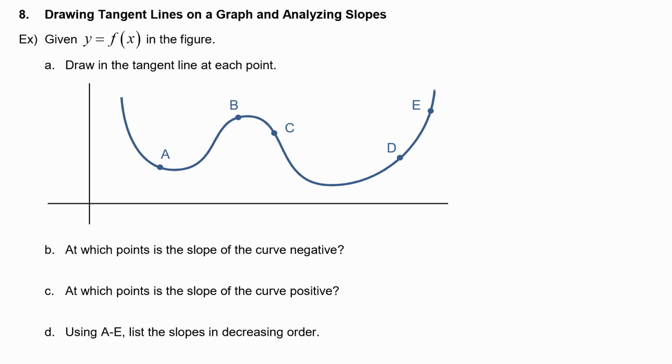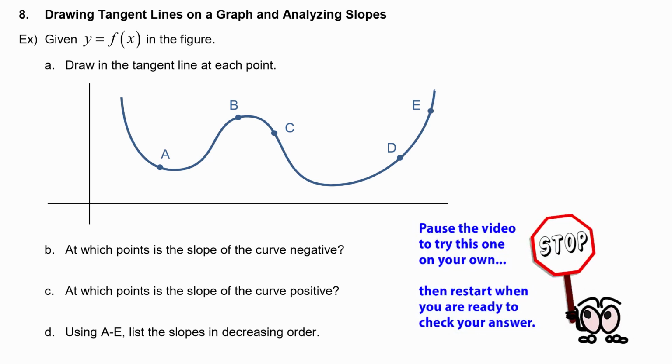Now you will learn about drawing tangent lines on a graph and analyzing slopes. In this example, given y equals f of x in the figure, draw in the tangent line at each point. So pause the video to try this one on your own, then restart when you're ready to check your answers.